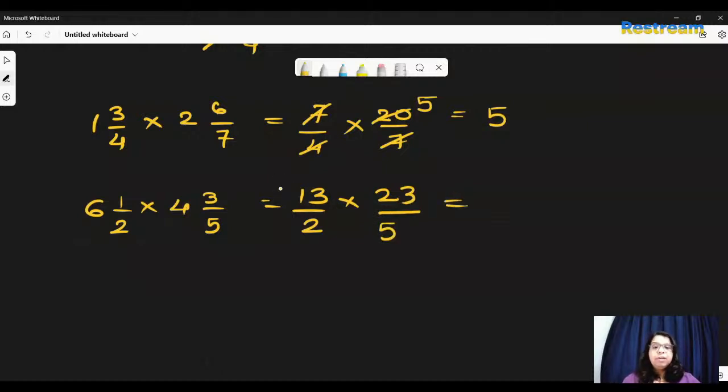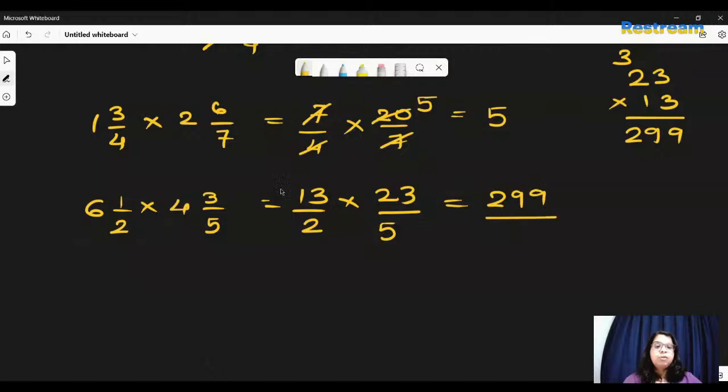Now we know that we cannot cancel anything in this, so we are simply going to do 23 times 13. 13 times 3 is 39. 3 goes here. 13 times 2 is 26 plus 3, 29. So your answer is 299 over 10, which is equal to 29 9 by 10. Pretty easy, right?